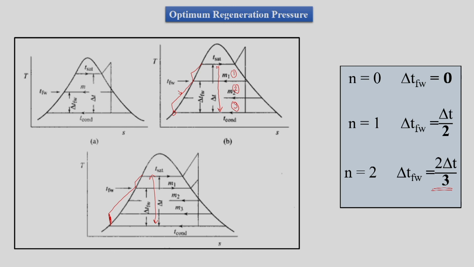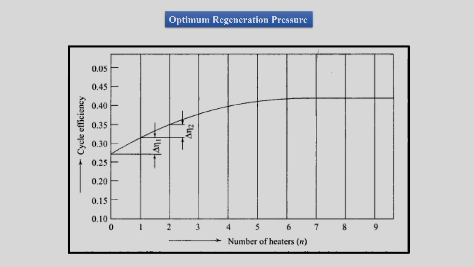So, this is what we were talking about, having energy efficiency increment due to the regeneration or feed water heating if we are implementing an optimum case. If we want to see the cycle efficiency with the number of feed water heaters, this is how we can see that cycle efficiency increases with the increase in number of feed water heaters.